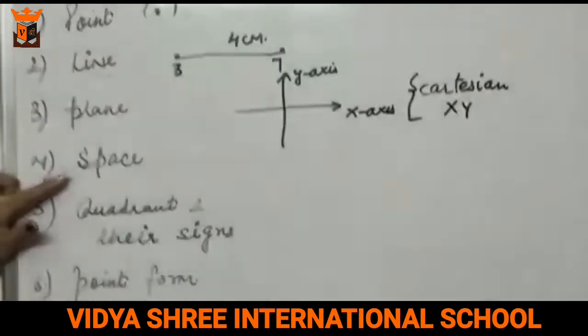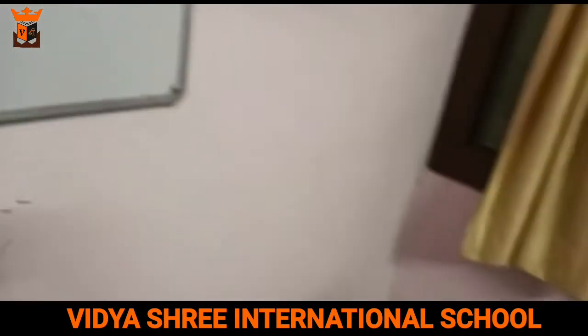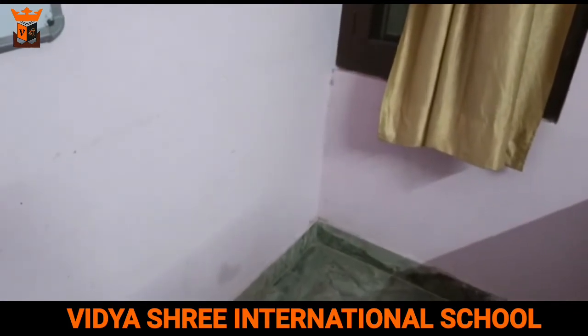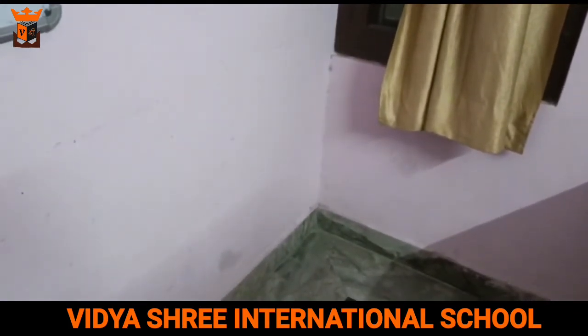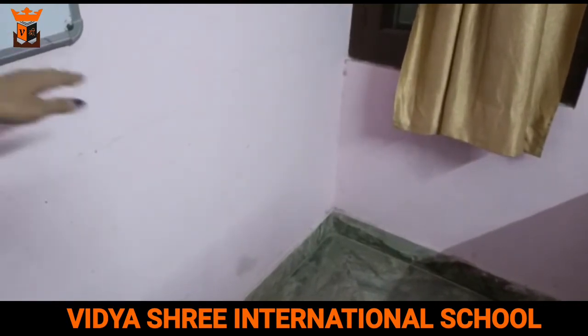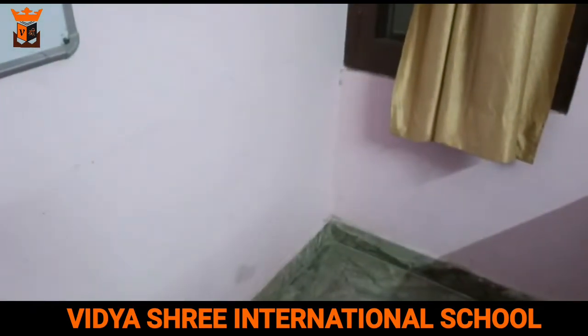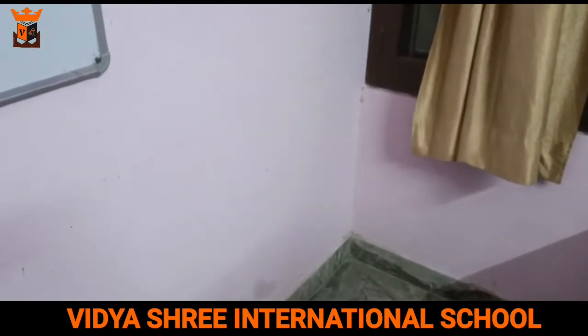Now what is space? For space I want to give an example, like see the corner of this room. If this is visible to you, there are 3 axes. One line is going above. This is x-axis. One line is going there. This is called y-axis. And one line is coming there. This is called z-axis.